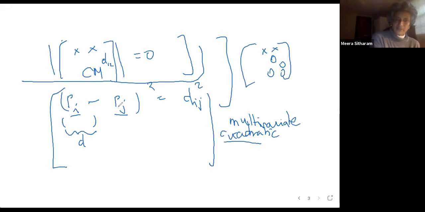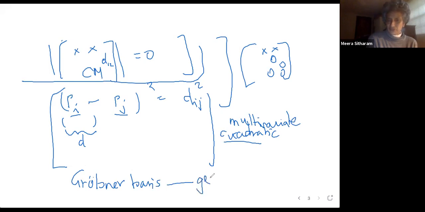One of the most common ways is called a Gröbner basis method, and we'll come to that in much more detail in a few slides. The Gröbner basis is a kind of generalization, if you will, of Gaussian elimination. It can be thought of as a generalization of GCD. It can be thought of as a generalization of Gaussian elimination.